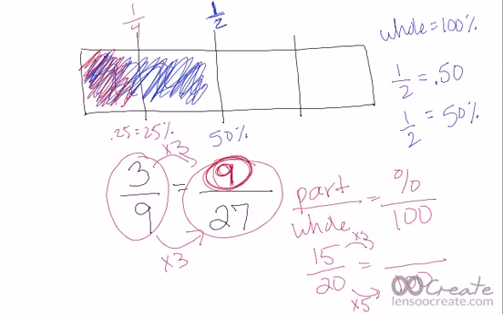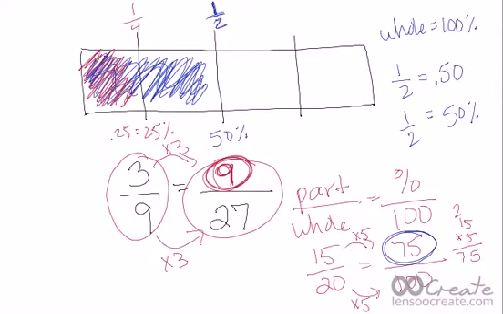So 15 times 5, well, 5 times 5 is 25, carry the 2. 1 times 5 is 5 plus 2 is 7, 75. So 75 would be my answer to my problem.